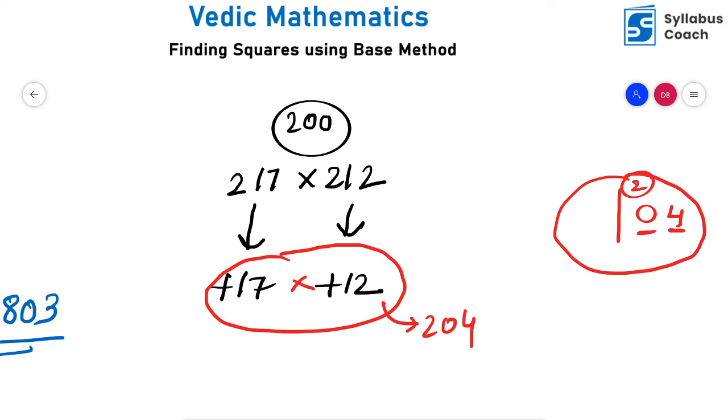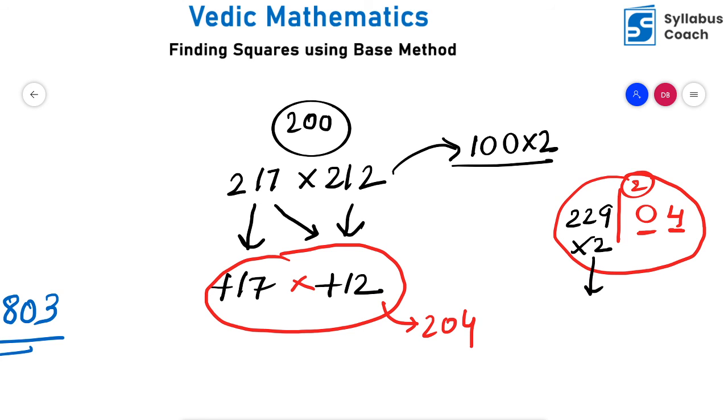And what is the next step? 207 plus 12, which is 229. But this 200 is a multiple of the base 200, which is 2 times 100. So I have to multiply 229 into 2, which becomes 458. Now I have to add this 2 to 458.